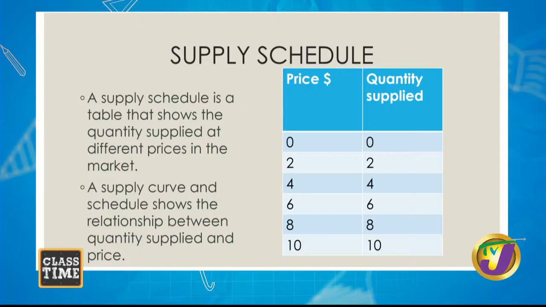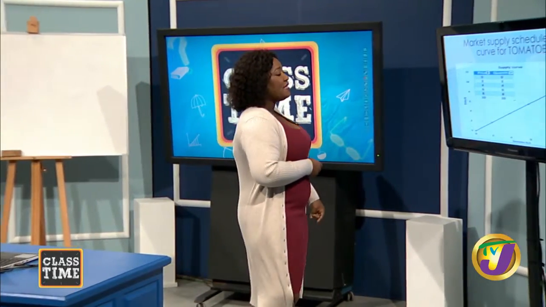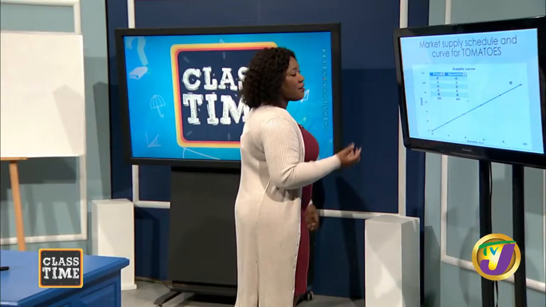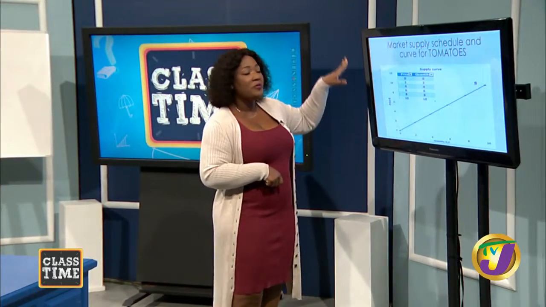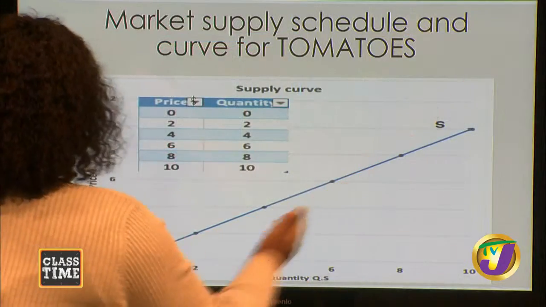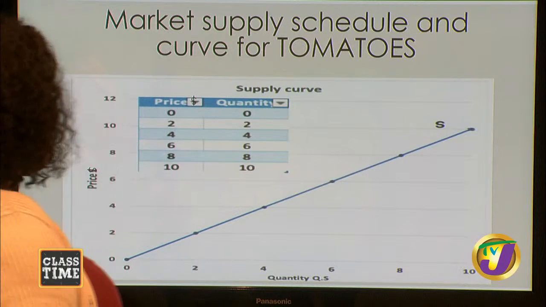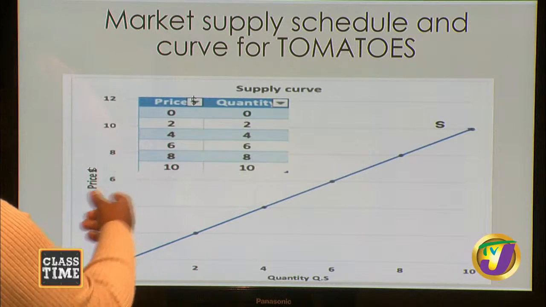Let's break it down. Let's look at the curve and the schedule. So this is an example of a supply curve. Before, we realized that the demand curve sloped from left to right. Here we have our supply curve. The supply curve slopes from right to left. Now, the curve here is a reflection of the supply schedule as seen here.